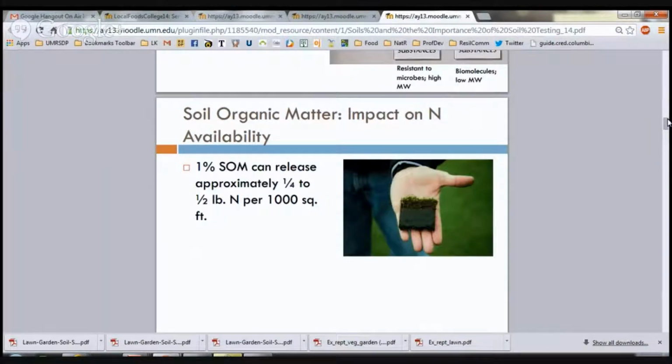Just keep in mind, 1% soil organic matter typically releases about 1/4 to 1/2 pound of nitrogen per 1,000 square feet. That's the unit we usually use for lawns and smaller areas versus acres. So once it's broken down by microorganisms, it provides nutrients into the soil.